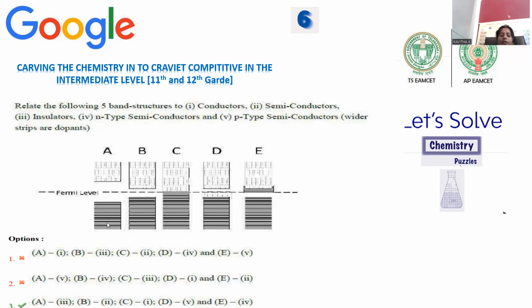Here you can notice two kinds of bands. The lower band is intensely colored, and the upper band seems to be vacant. In all of A, B, C, D, E, the lower bands are intensely colored and the upper bands are vacant in nature.